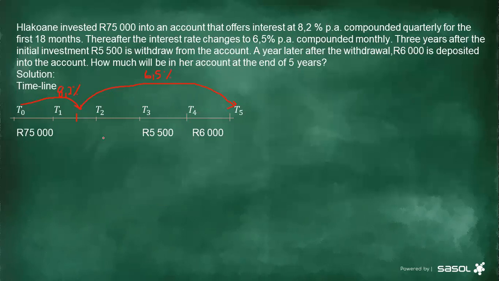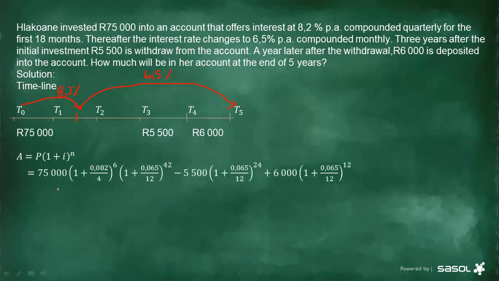All right, at least here you've got different types of interest rates, and we also have the withdrawals and the deposit. Let's see how we calculate this. You first write the correct formula for compound interest, and then from there you subtract everything. Let me explain every step.